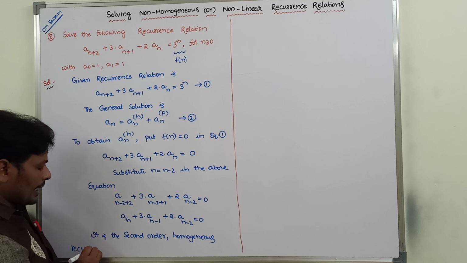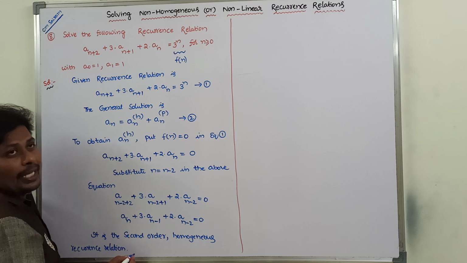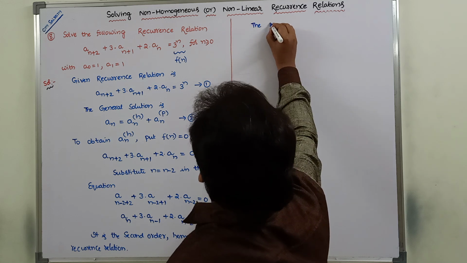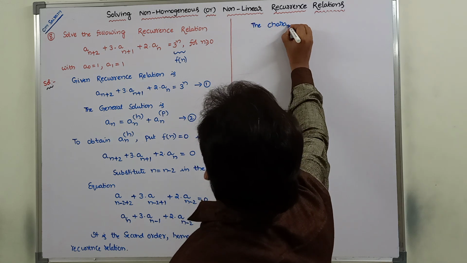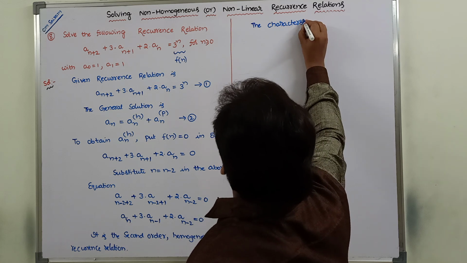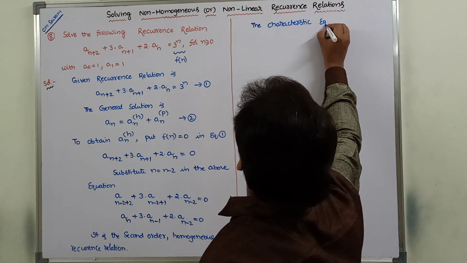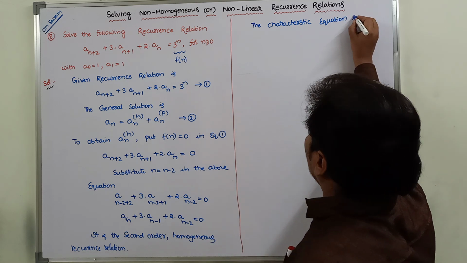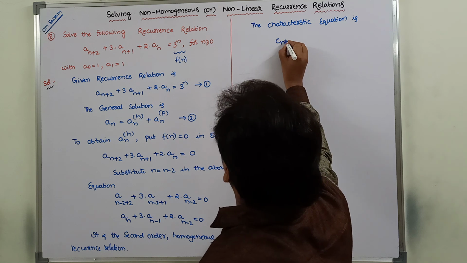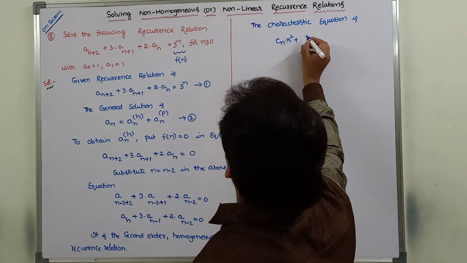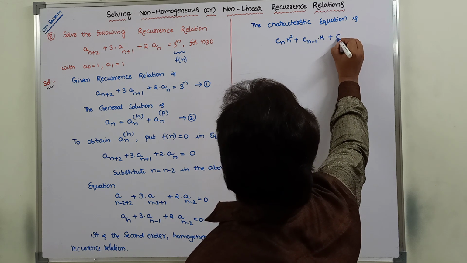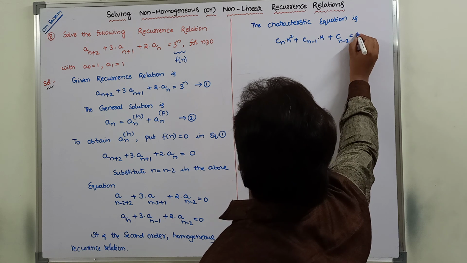For that second order homogeneous recurrence relation, the characteristic equation is Cn into k square plus Cn minus 1 into k plus Cn minus 2 is equal to 0.